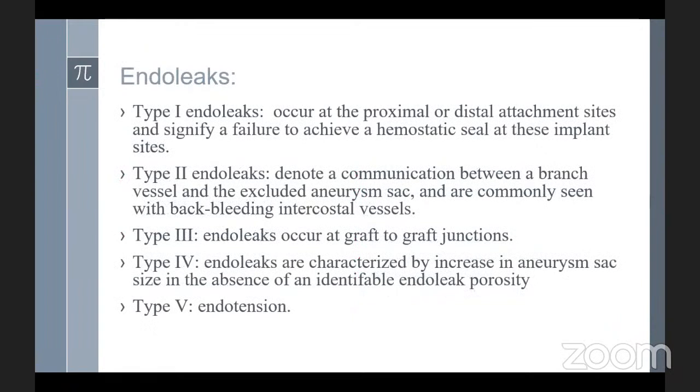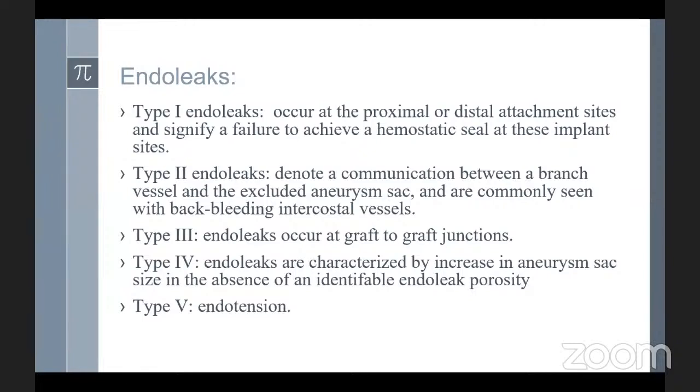So the important thing we have to know is the types of endoleaks. We have 5 types of endoleak from 1 to 5. Type 1 endoleaks occur at the proximal or distal attachment site, which is mainly a failure of the endograft. And type 2, communication between branch vessels that drain into the sac, usually it's back bleeding from the intercostal vessels.